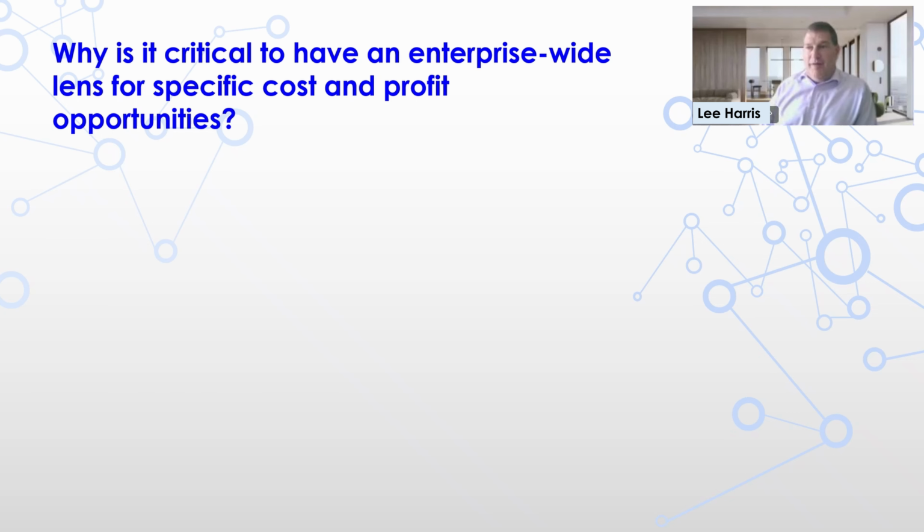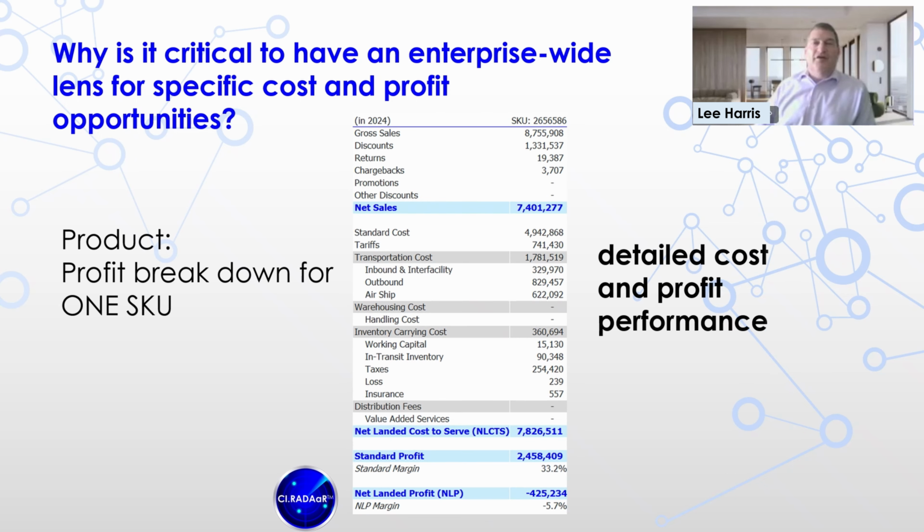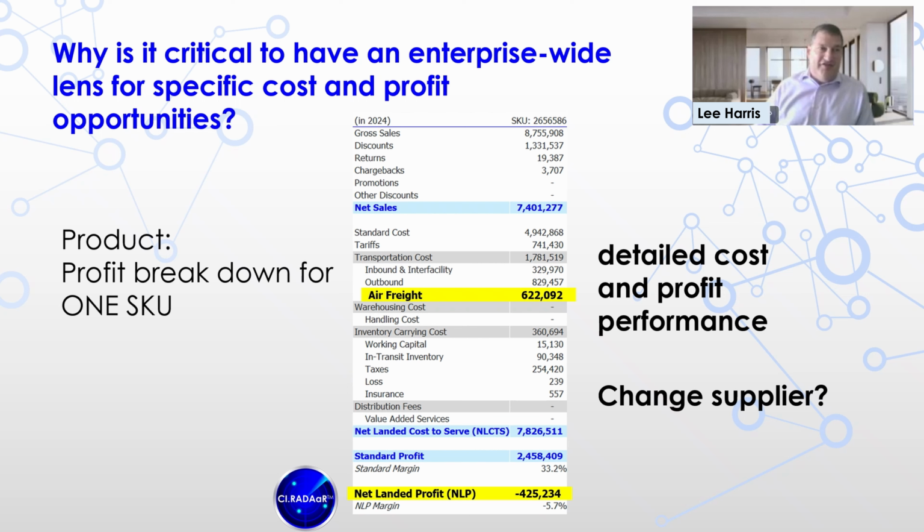So if you're looking at a cut by product and you see that certain products cause you to incur air freight, you need to wind up flying them over from the Far East to get them to distribution here in the US. That's a drain on your profitability. So the question then becomes, what do you do about that? How do you change suppliers such that you don't have to incur that kind of air freight? That's a type of insight that could come out of this.